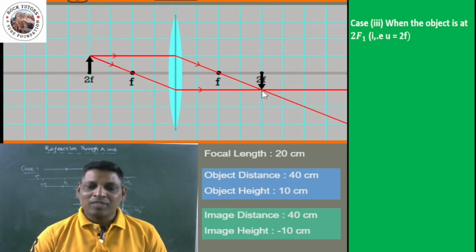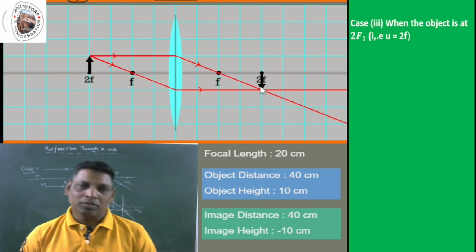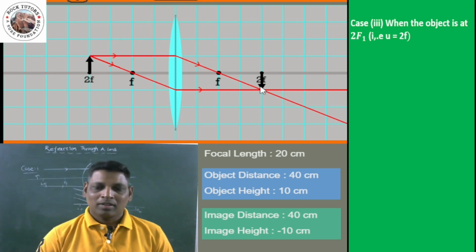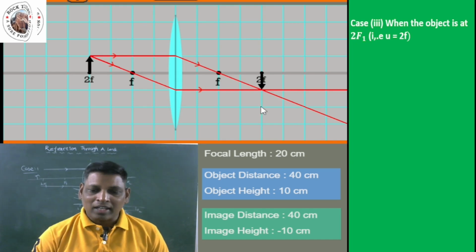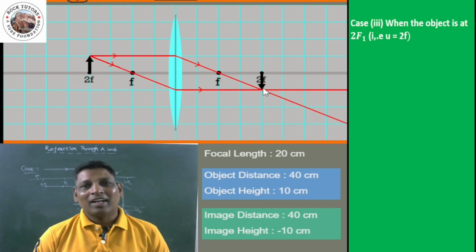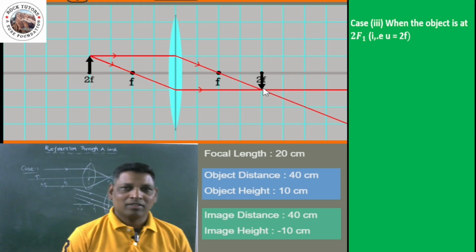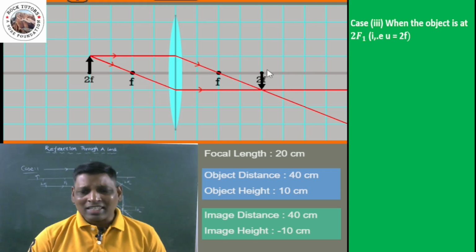Now here the image is forming. So where is the image forming? At 2F2. And you can see that this is a real and inverted image. What about the size of this image?